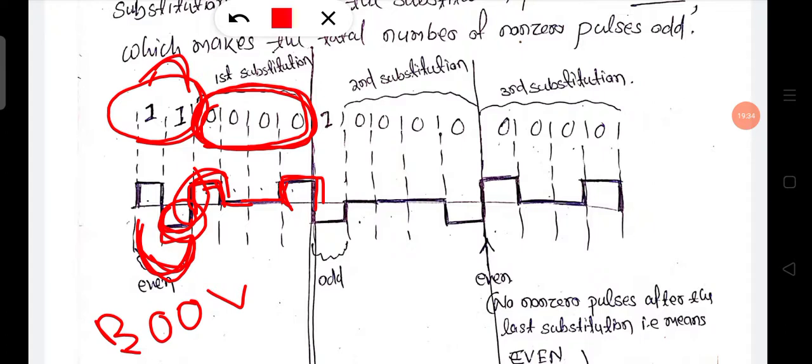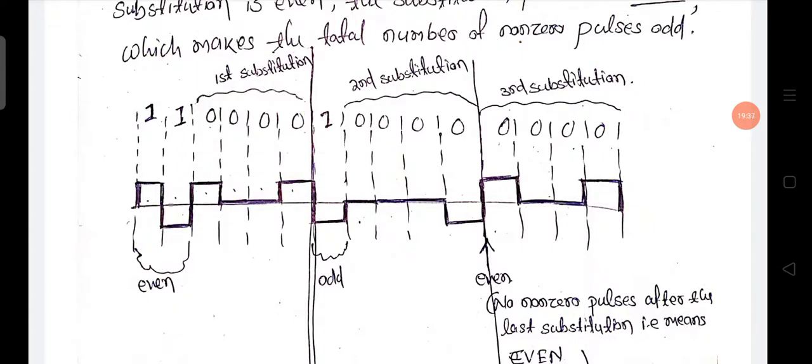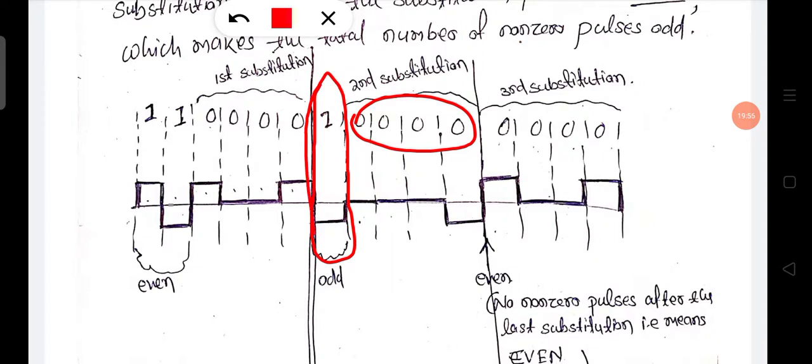Now let's see another one. 4 consecutive zeros are there, and according to our rule, we should consider how many non-zero pulses are there after the last substitution.